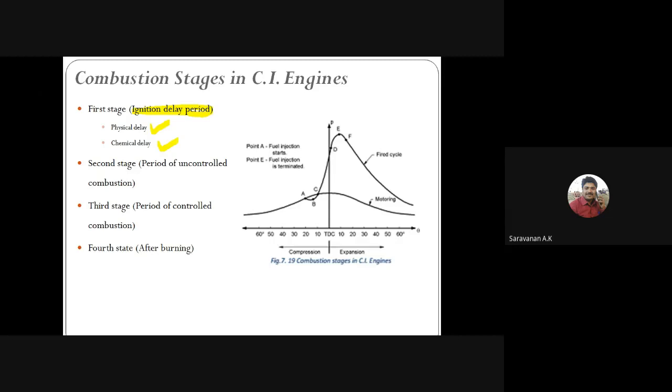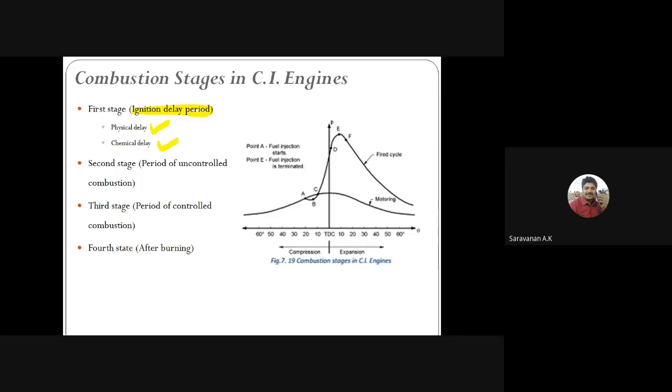What is the physical delay? That is also a time interval, between the fuel leaving the nozzle and attaining its self ignition temperature. That time period is called the physical delay.